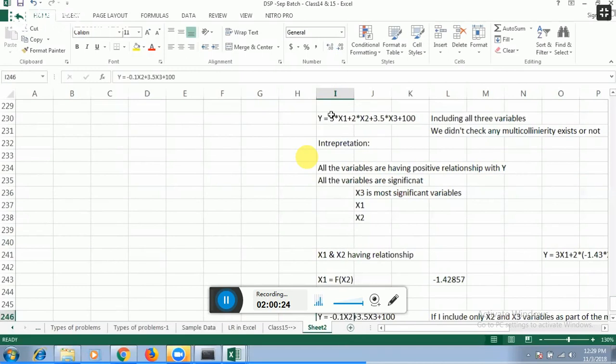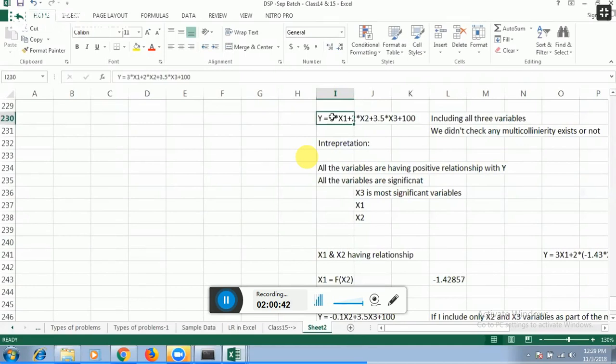Here you have a positive relationship, here a negative relationship. How does the positive relationship become negative? Because you included a multicollinearity variable, X1, in the model.